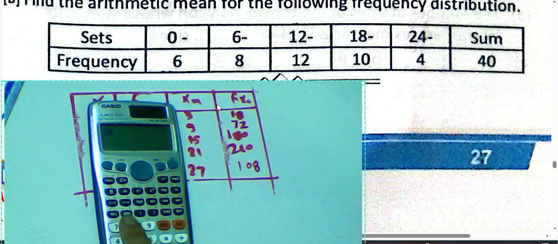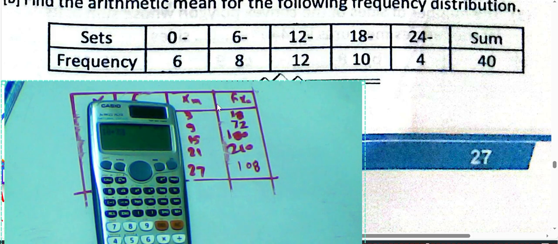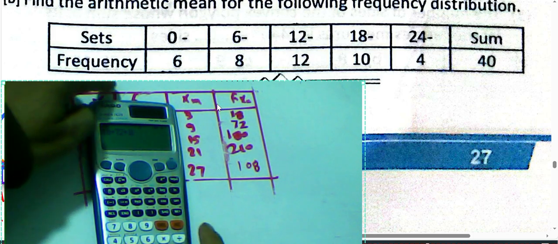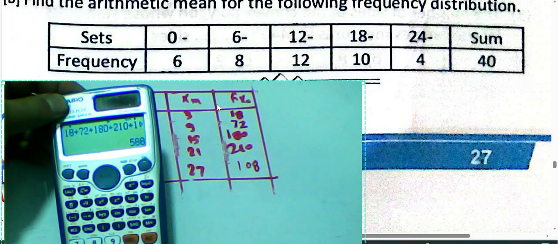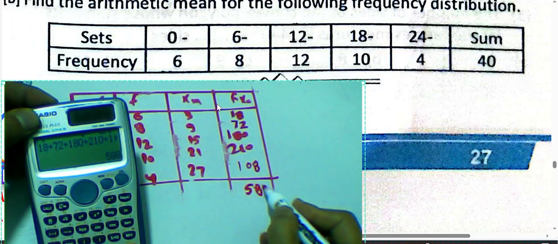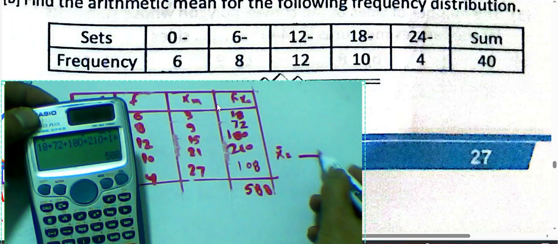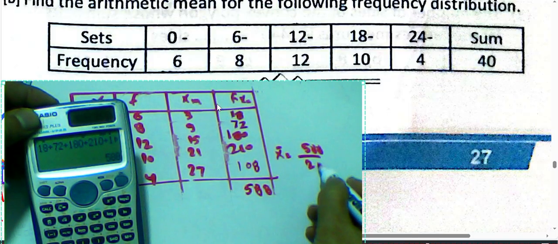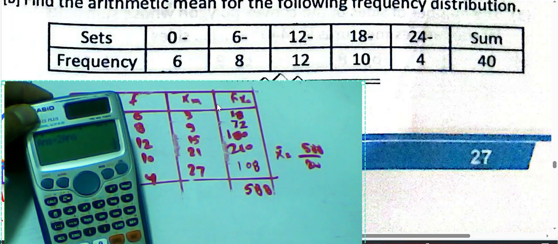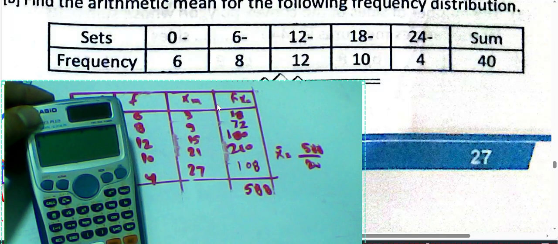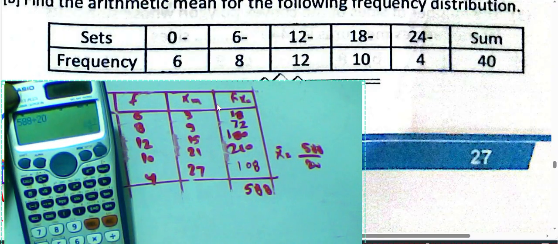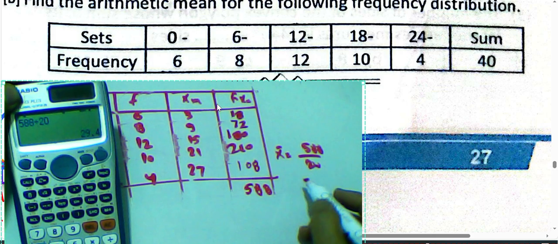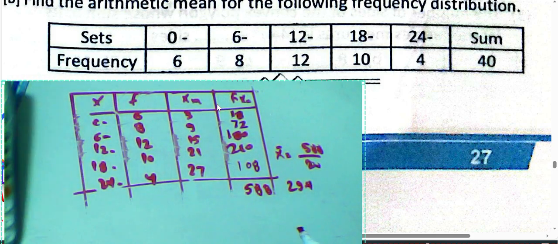We can collect the numbers. Write 18 plus 72 plus 180 plus 210 plus 108. The result will be 588. Then x bar equals 588 over 20. 588 divided by 20, the frequency here, it will be 29 and 4 tenths.